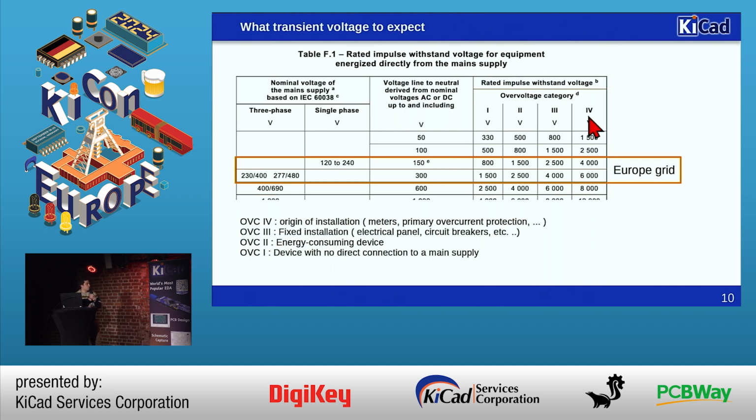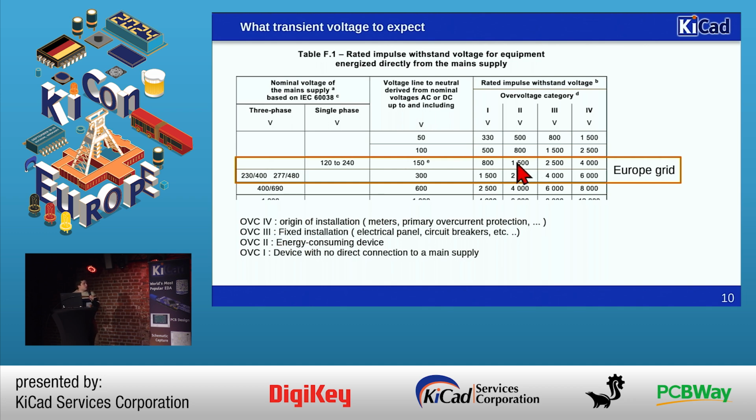OVC4, overvoltage category 4, is for power distribution equipment, like power meters, but not power meters at home, power meters at the plant. Overcurrent protection at the primary side, stuff like that. OVC3 is basically your circuit breakers, your electrical panel, so it's fixed installation. If you're designing a device that consumes electricity, you're most likely in OVC2, which is here.